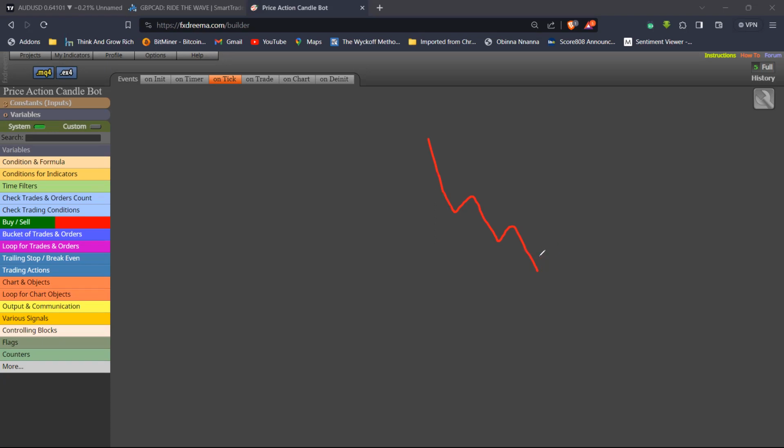Let me draw this better. If we have a bearish candle like this, and it has wicks like this, and then the next candle is a bullish candle, of which the close is above the highest price of the previous candle. This is a bullish engulfing.